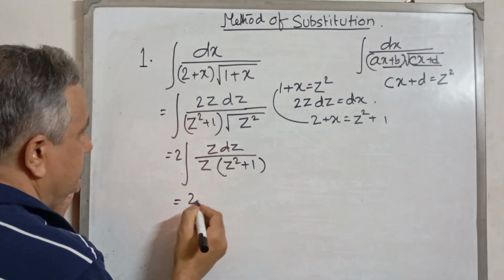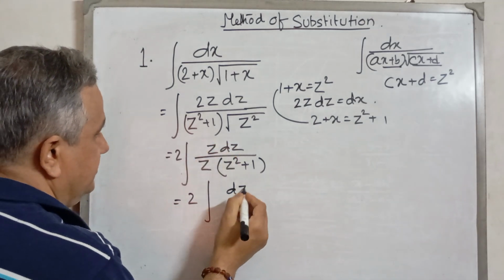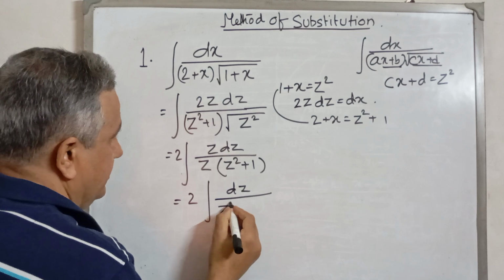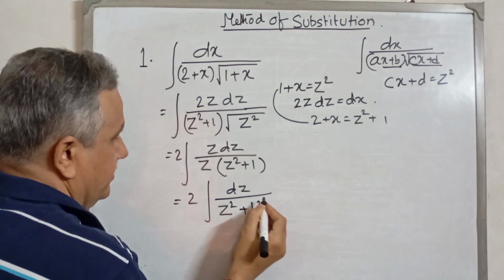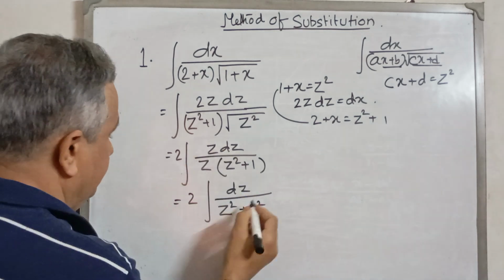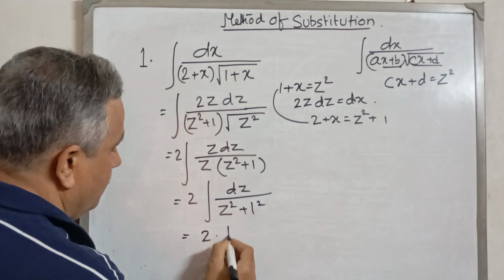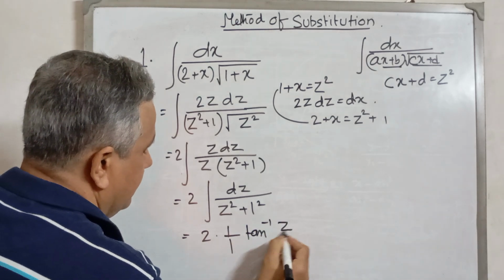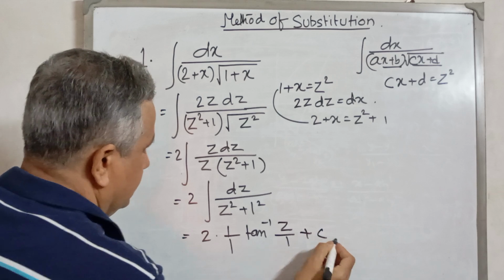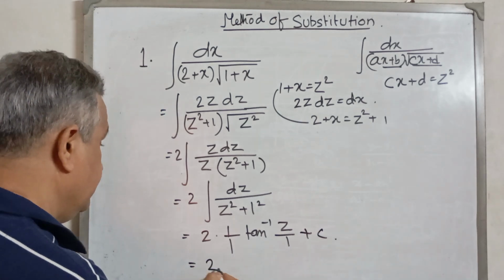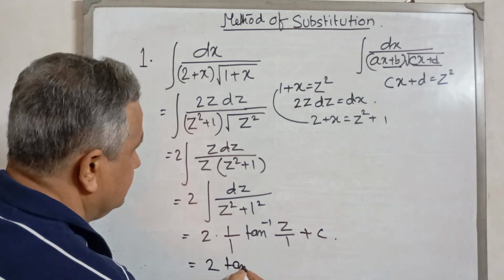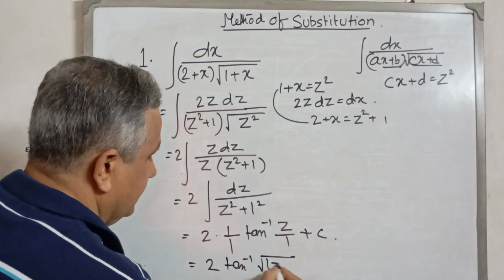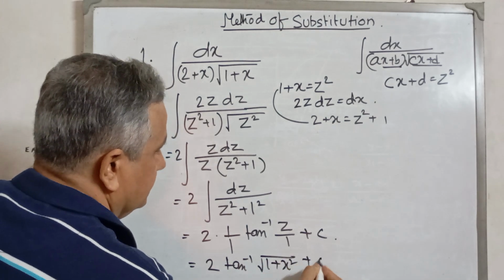Z cancels, and it becomes 2 dz by z square plus 1. Now it becomes the formula 1 by a tan inverse z by a plus constant. Now just putting the value of z, we get 2 tan inverse root over 1 plus x plus c.